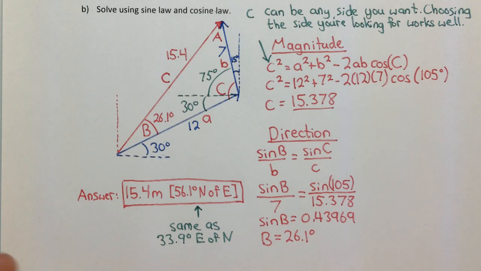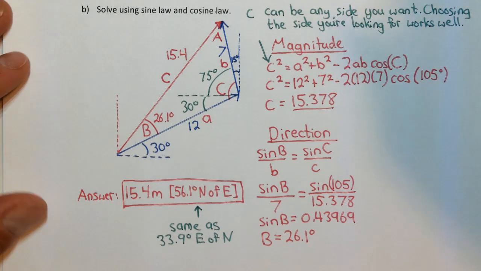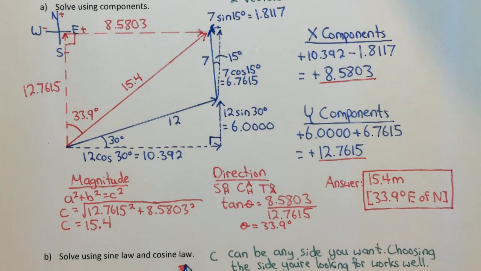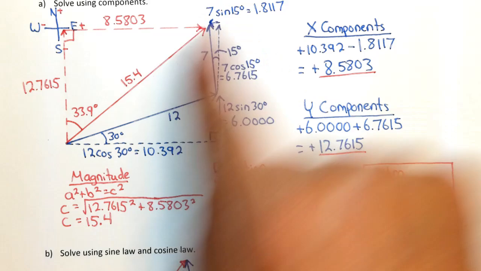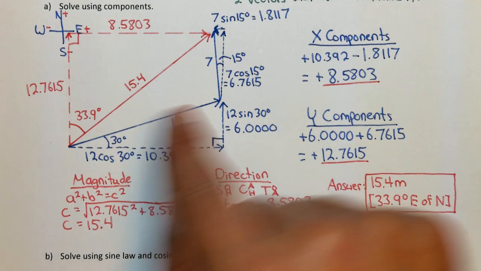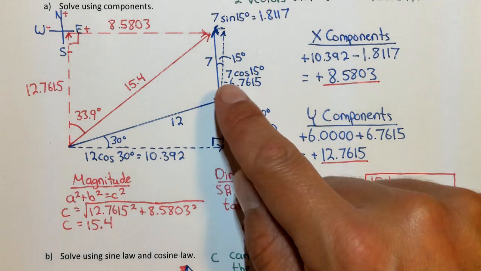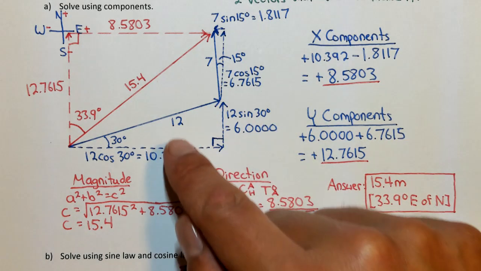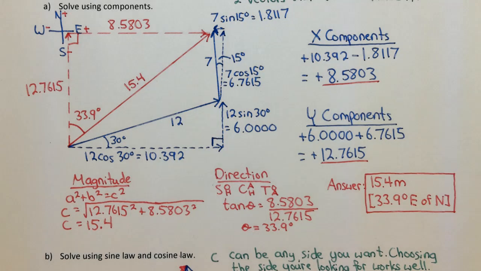Okay, so two solutions to the same problem. One, where we used components to take some vectors we didn't like, a triangle we didn't like because it didn't have a right angle, and break those vectors into components, x components and y components, so that I created several small right-angled triangles.